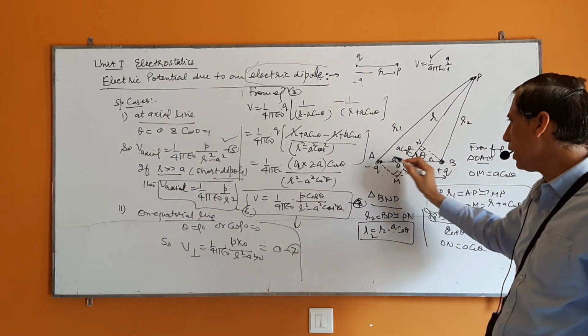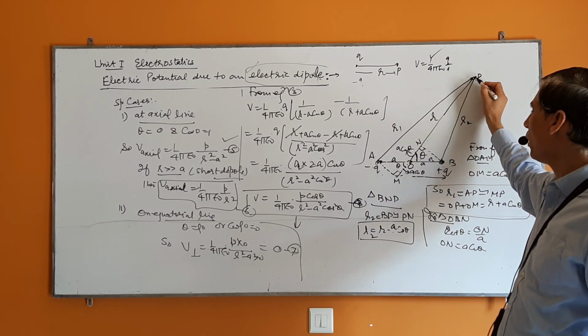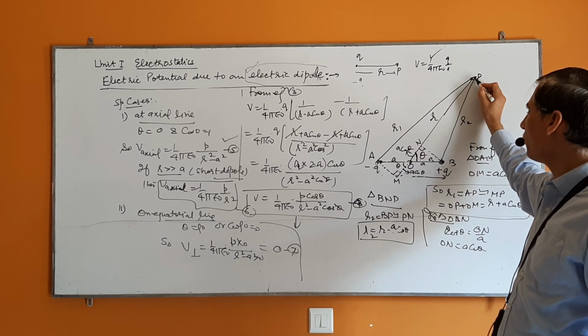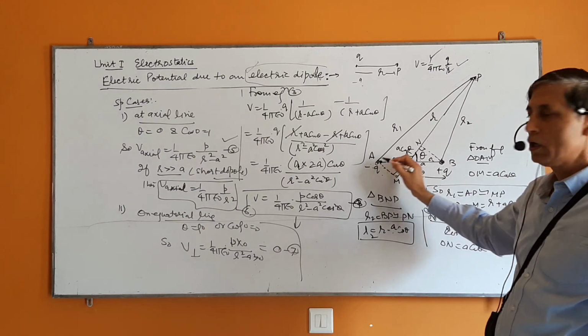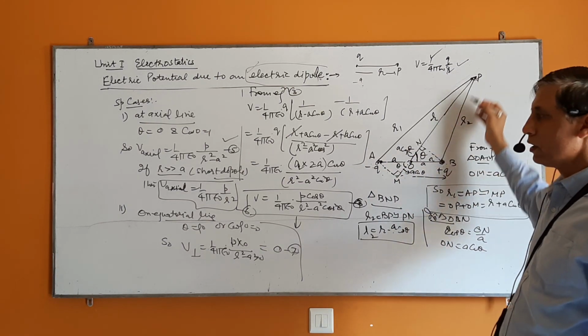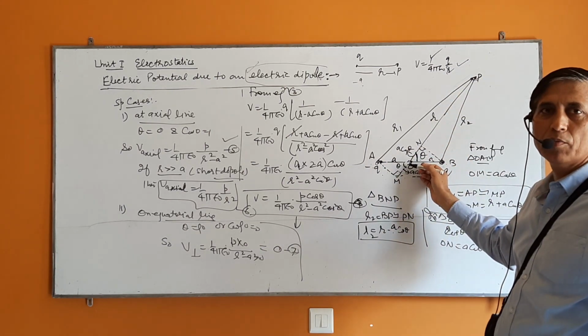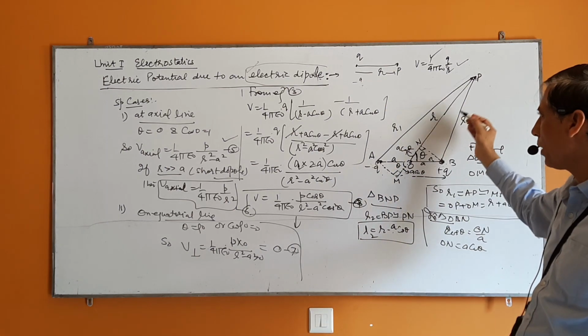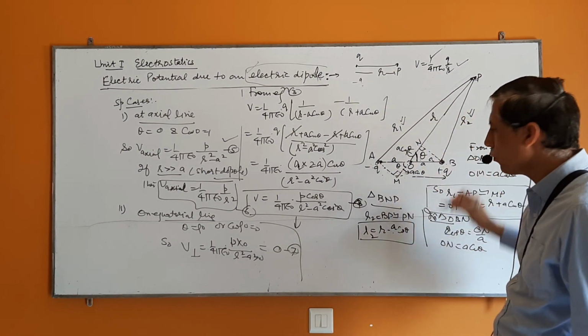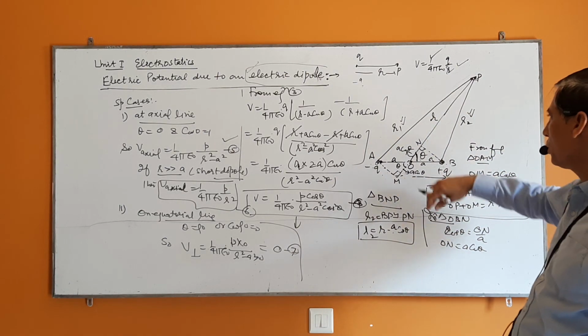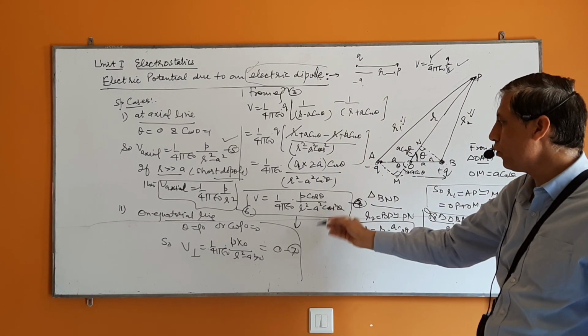First we found, with the help of this formula, the potential at point P due to charge minus q, then due to charge plus q, then take the algebraic sum, V equal to V1 plus V2. By geometry, we calculated R1 and R2, and on substituting the values of R1 and R2, solve it, you will get it.